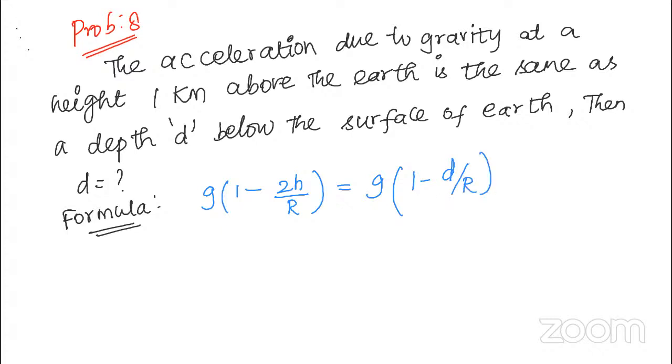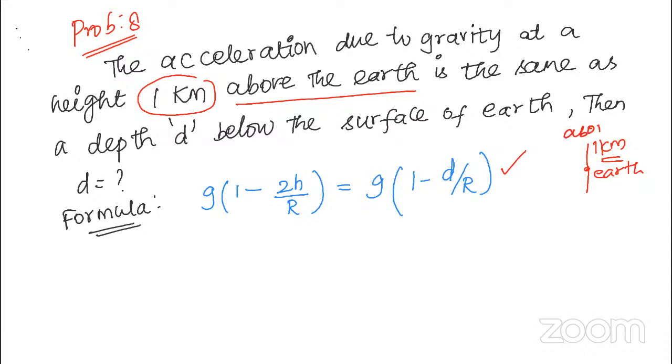In this problem, they are asking 1 kilometer above the earth is the same as a depth d. So both of them have 1 kilometer, and we simply take this formula. This is the earth surface, this is above the earth and this is below the earth. So they are asking above and below.